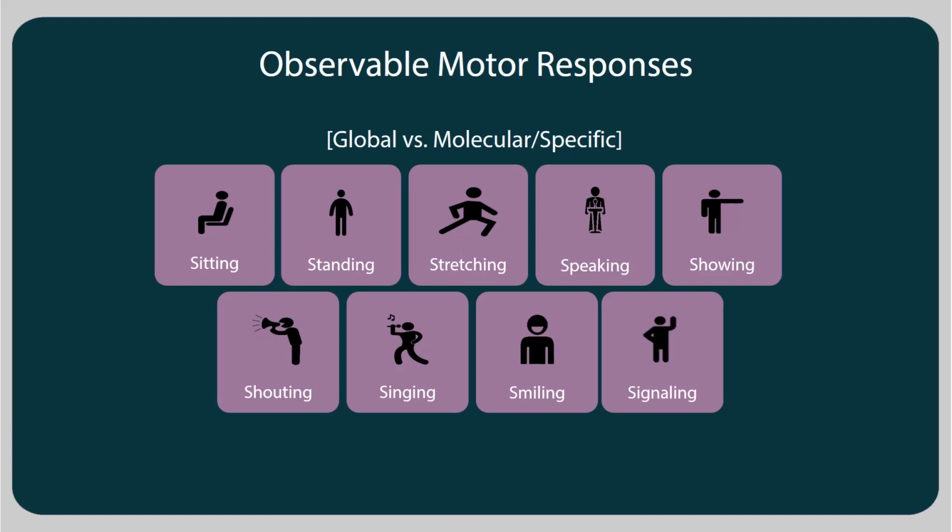Showing, shouting, singing, smiling, signaling. As I said earlier, the list is endless. They are all motor responses because each of these responses does involve a muscle or a set of muscles. So, muscles stand as the viable medium of any given individual's mind.